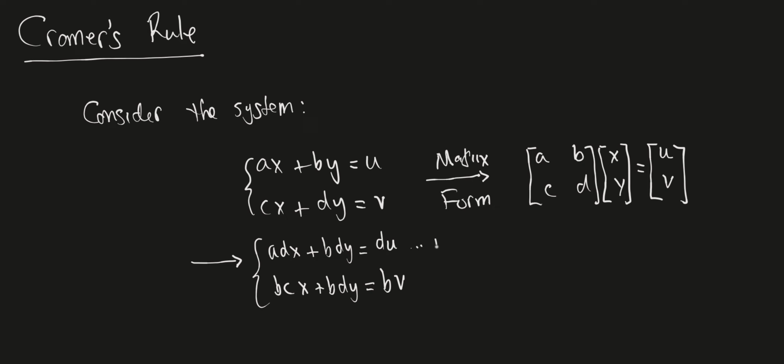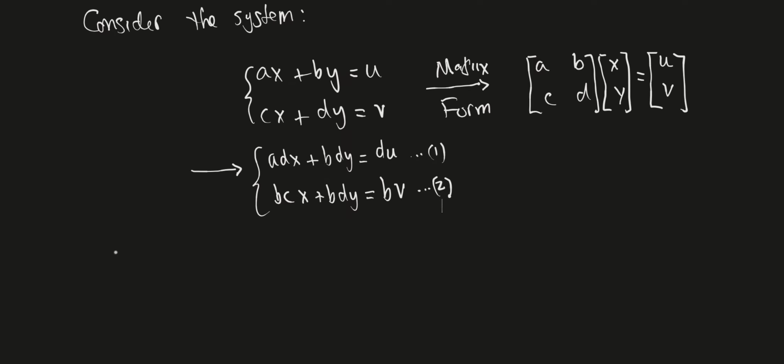If I call this equation 1, and this equation 2, and if I subtract 1 minus 2, then I'll eliminate the bdy terms. That was the whole idea of multiplying the top and the bottom by certain constants. That's one of the standard tricks.